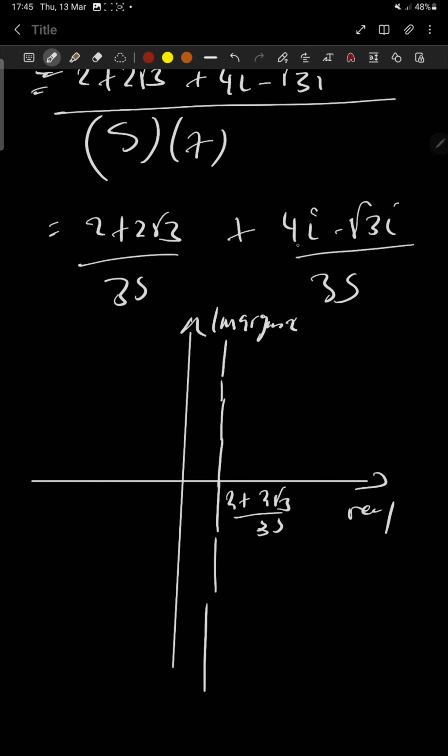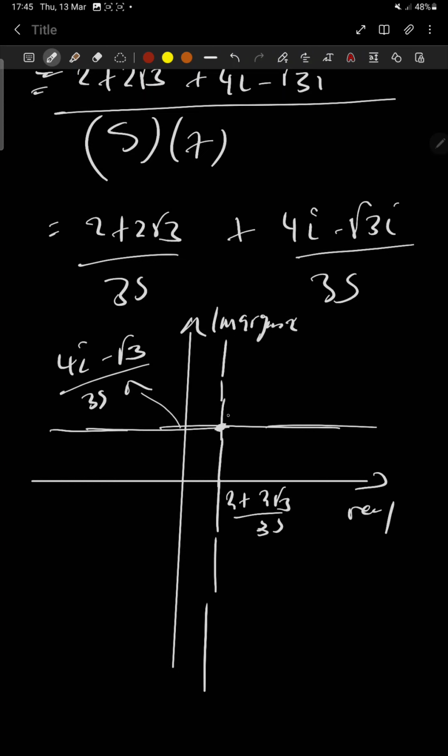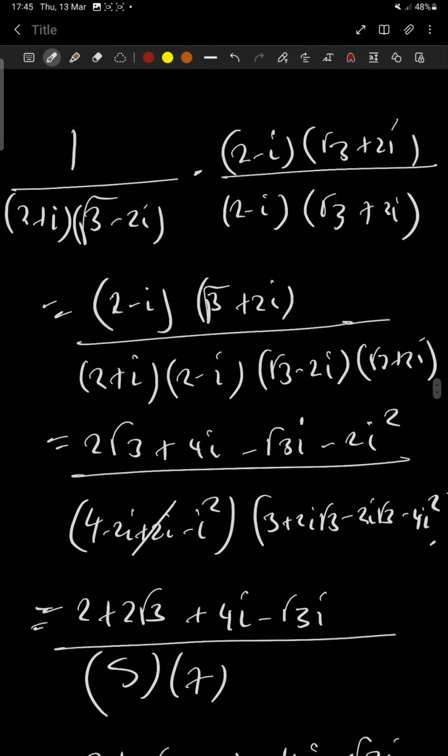Then even this one will be in the positive, so you can approximate it as this one here, right? So this one is 4i minus square root of 3 over 35. So as they're meeting up, you should join, like that. Okay, so that's a sketch there.